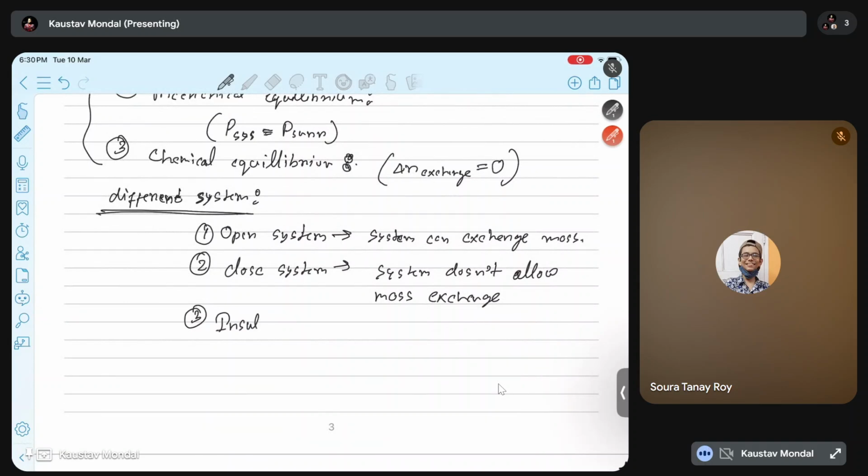Insulated system means basically there is no exchange of heat with the surroundings.